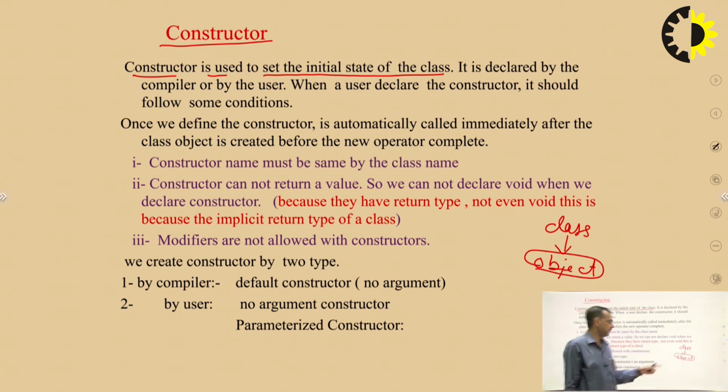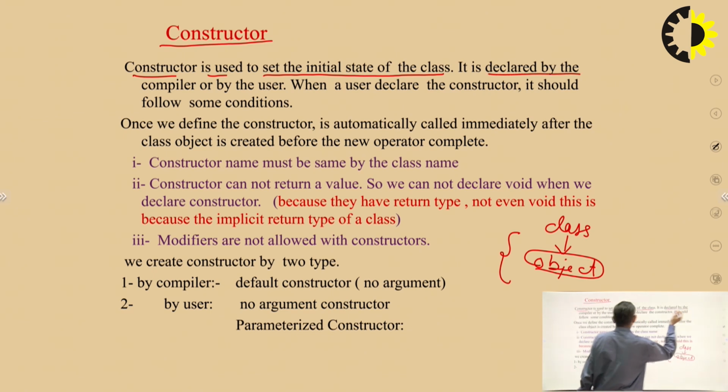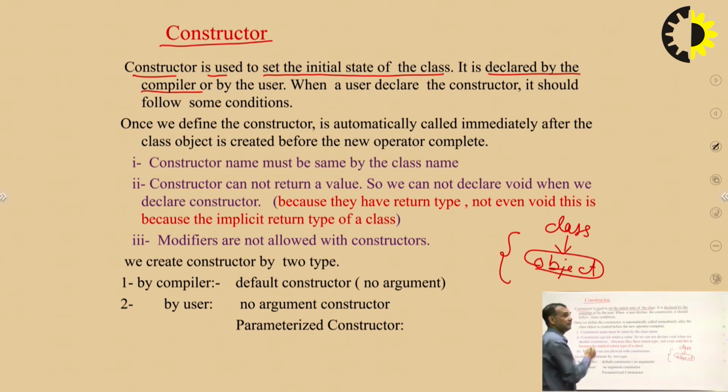What will the constructor do? When we declare a class, it sets the initial state of the class. And who calls it? It is declared by the compiler. When we execute the program, the compiler first checks whether we have declared a constructor or not. There are 2 types: first user defined, second default.